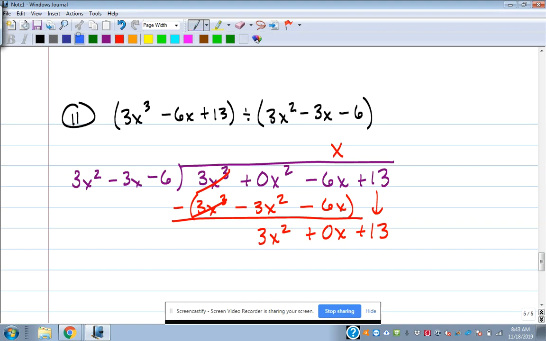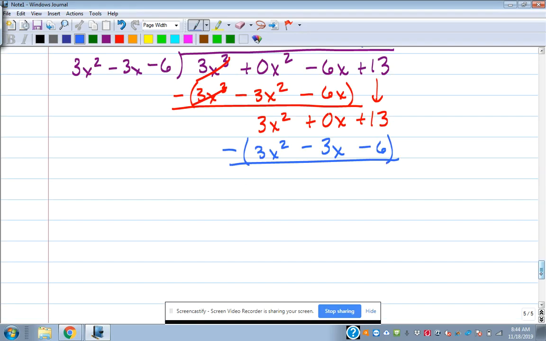All right, so what times 3x squared gets me 3x squared? Positive 1. So plus 1 up there on the top. Distribute. That's easy. Always remember your parentheses, subtract. That cancels out. Positive 3x plus 19.